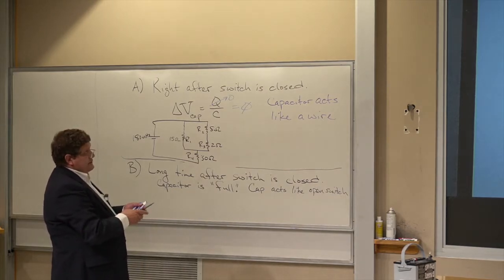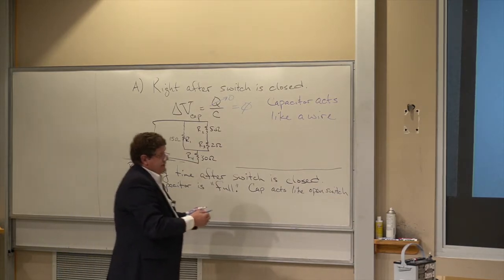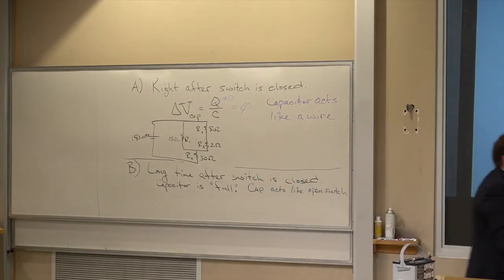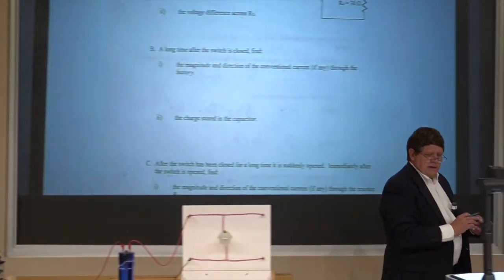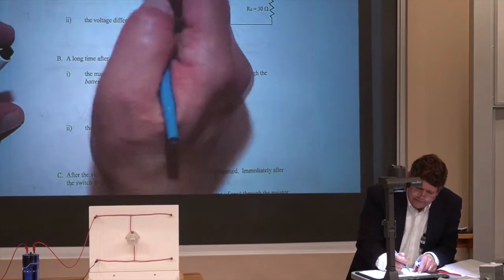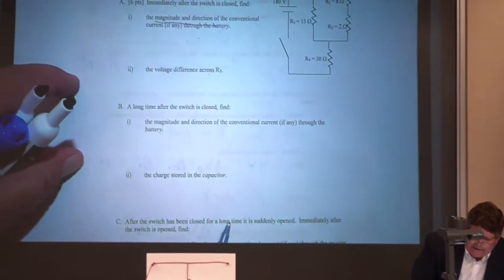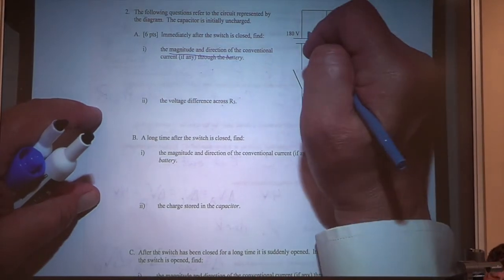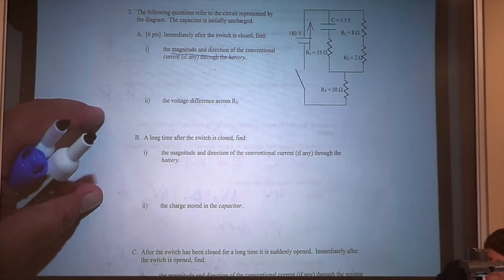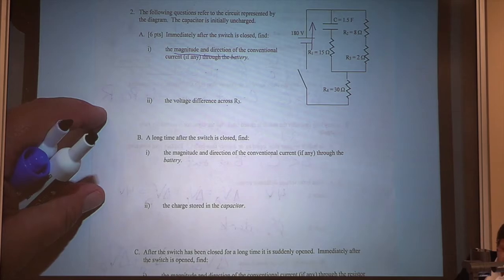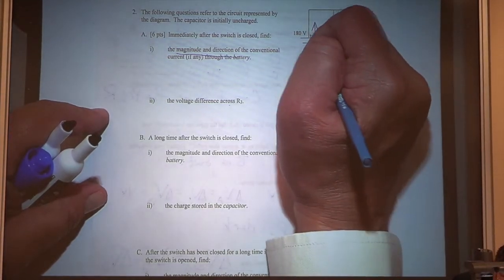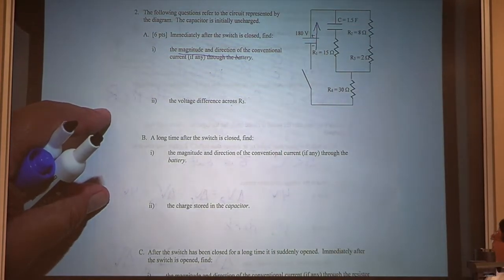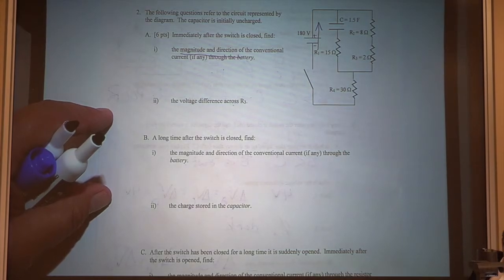And what we're asked for is the current, magnitude and direction, through the battery. Well, I know the direction right away. The direction is up. Conventional current leaves the positive terminal of the battery and comes back to the negative terminal of the battery.